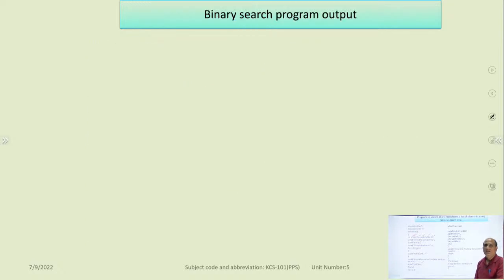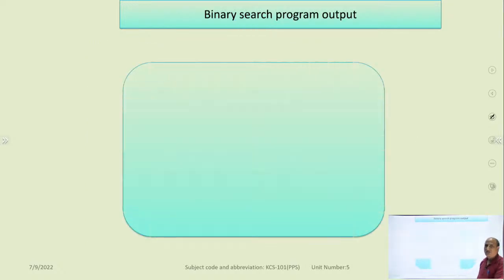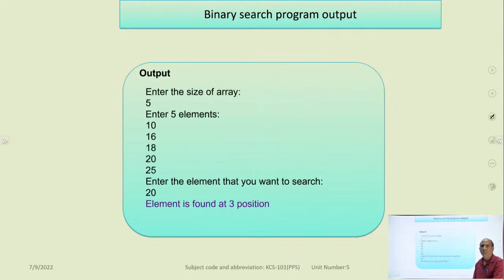So let's see what will be the output of this program. First message will be there, enter the size of array. We have entered the size 5, and then we entered the 5 elements in sorted order, because to apply binary searching the list must be sorted. Then we were asked to enter the element that we are looking for.